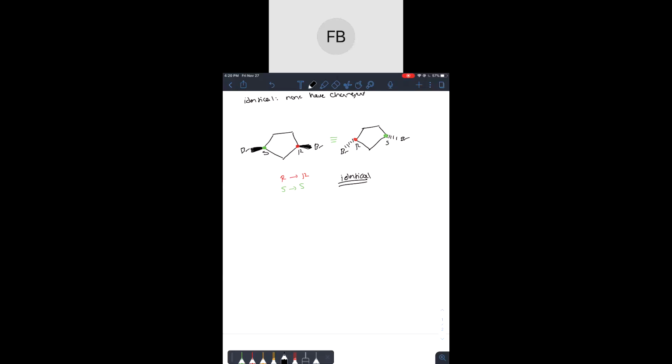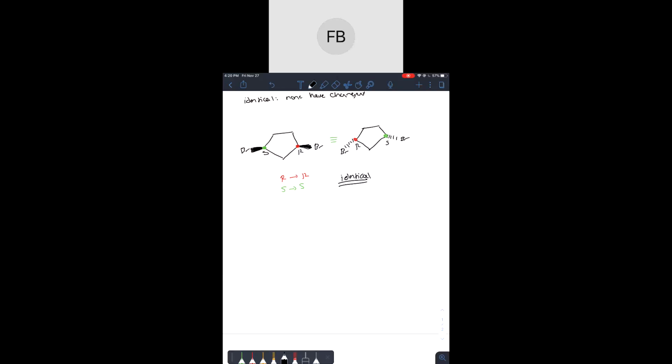Now, if there wasn't a plane of symmetry, and I'll give an example, let's do the exact same thing. So in this case, we're starting off with the same thing, but actually I want to change this a little bit.